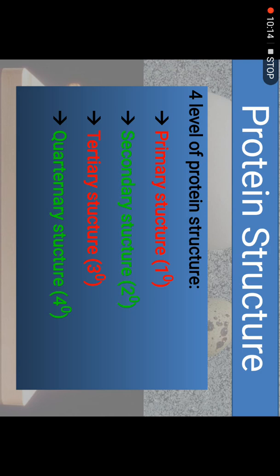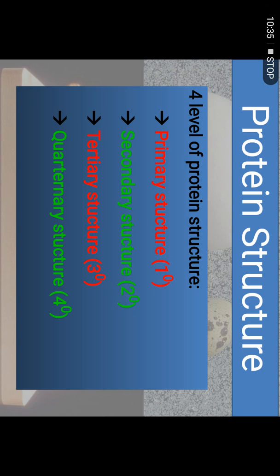Take note, examples of proteins are like your blood, the red blood cell. Inside your red blood cell, the hemoglobin is one type of protein. The antibody is also a protein.